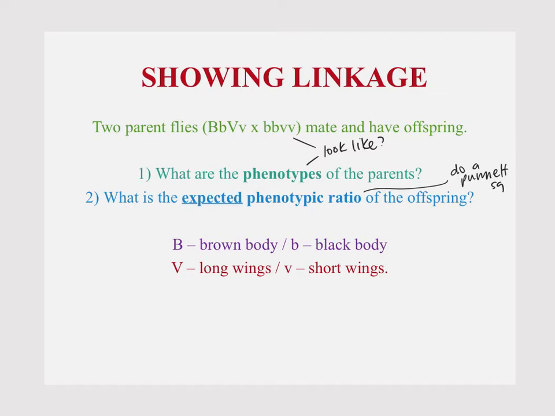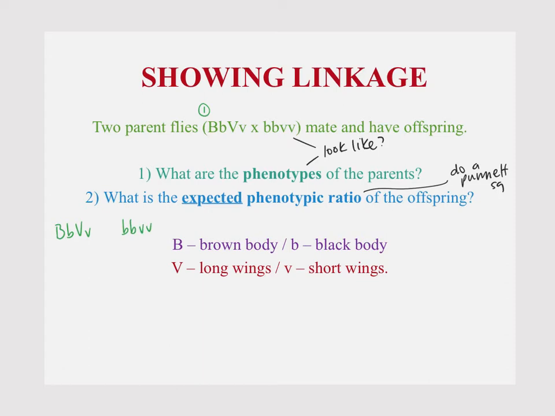Okay, so we're using that key then to do the parental phenotypes first. And we can see that for parent 1, we have got genotype, and I'm just going to write it out in a nice format that makes it a little bit easier for me to do the next question. So big B, little b, big V, little v, and then we've got 2 little b's and 2 little v's.